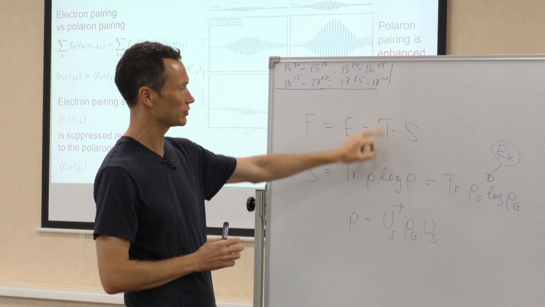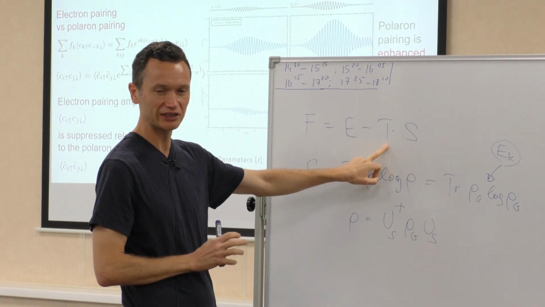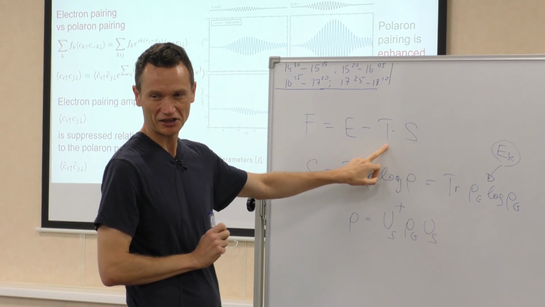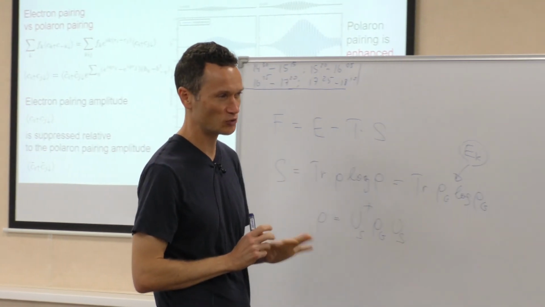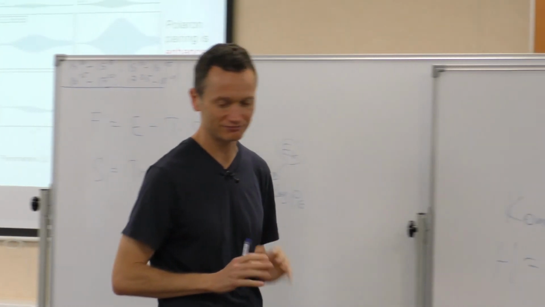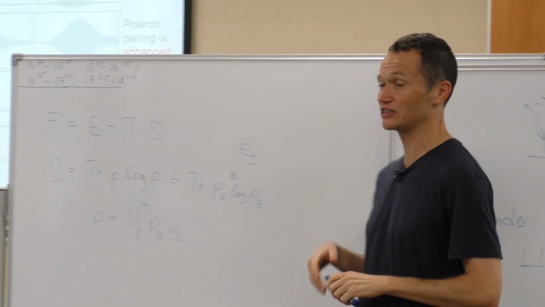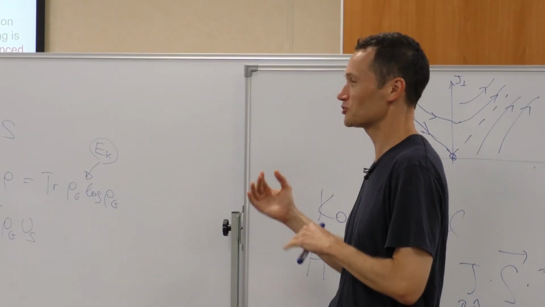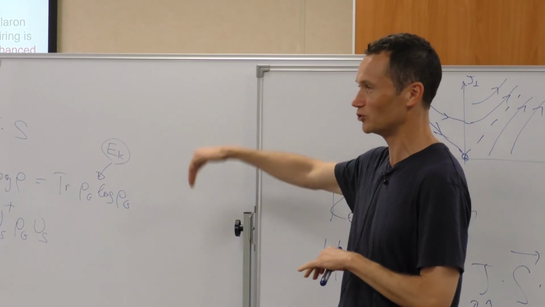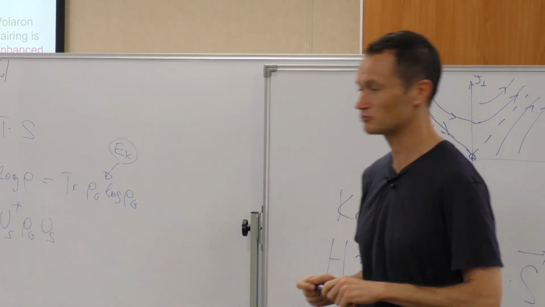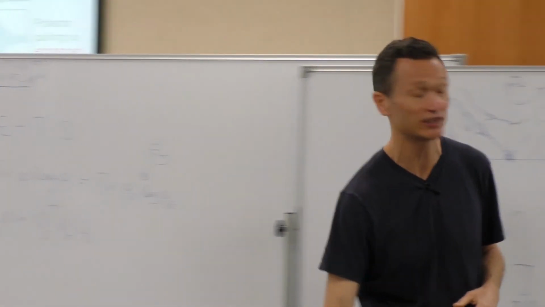This doesn't matter because it will be cancelled by temperature, but numerically it's a bit of a challenge. So we have some results, but we're still working on this. Higher temperature for us is easier than really going to lower temperatures. But in principle, this formalism works also at finite temperature.